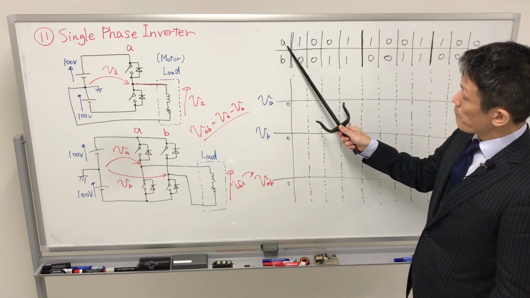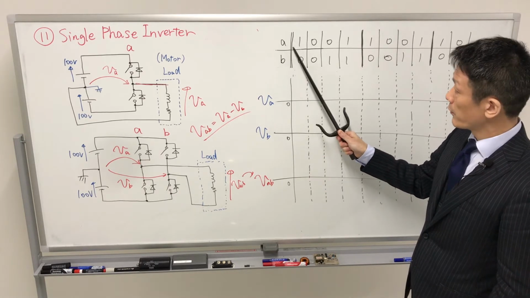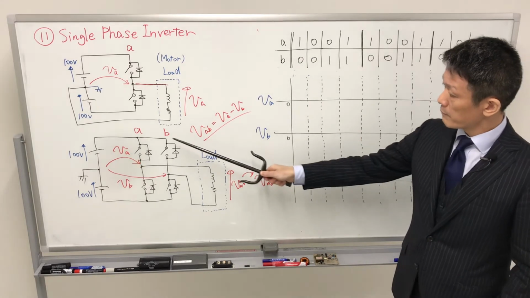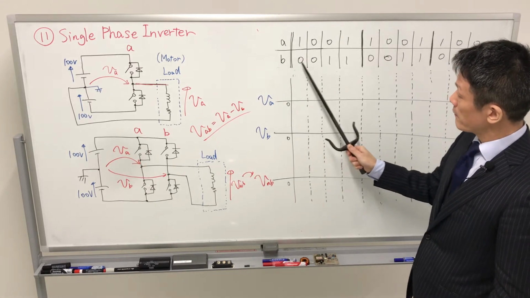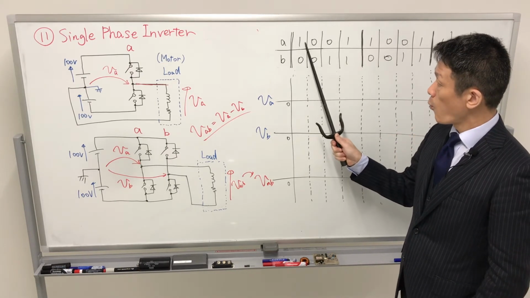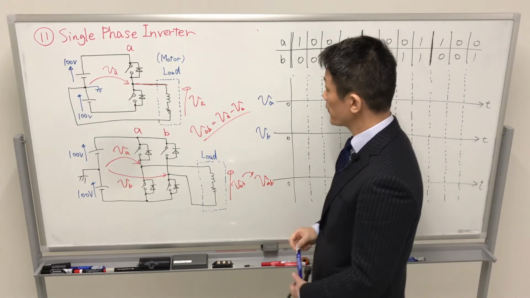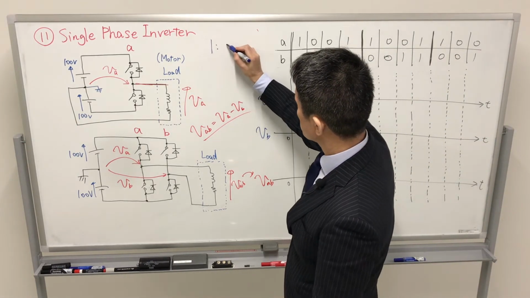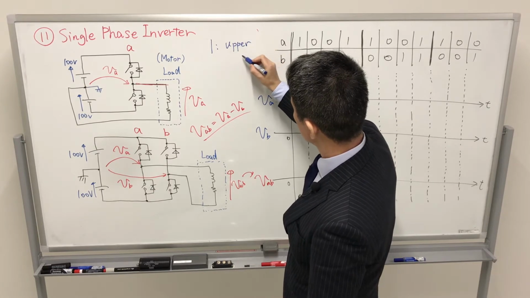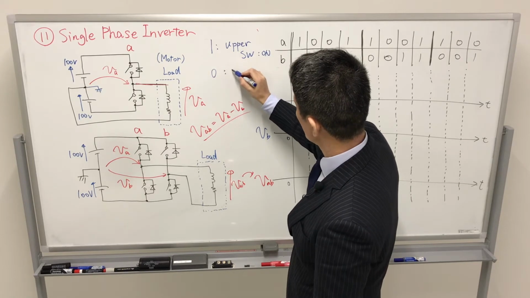And we have explained the phase A condition, switching condition, and phase B's switching condition. One means upper switch on. Zero means lower switch on.